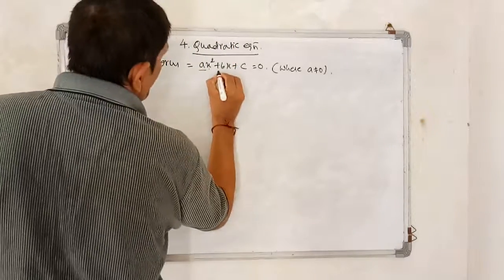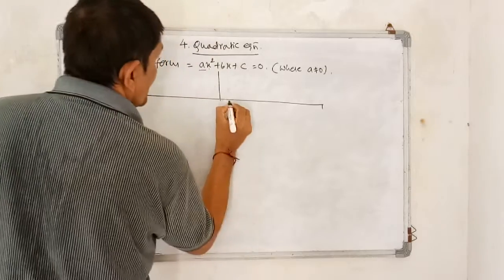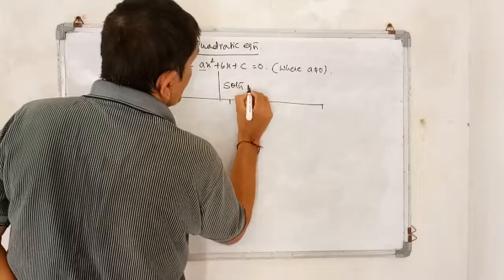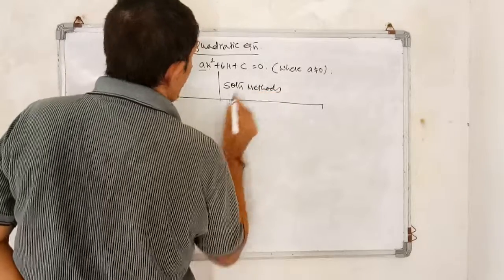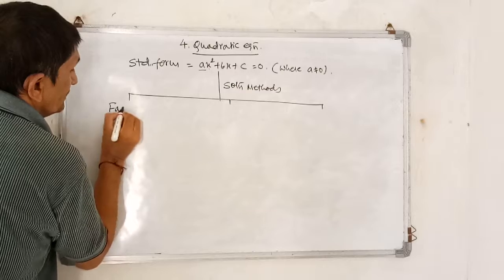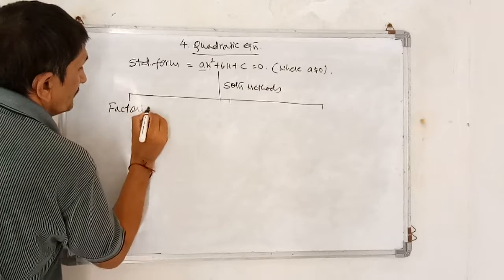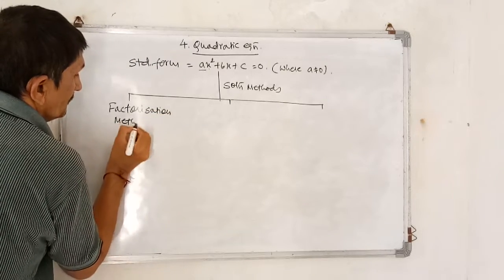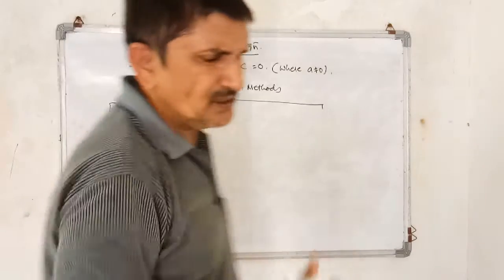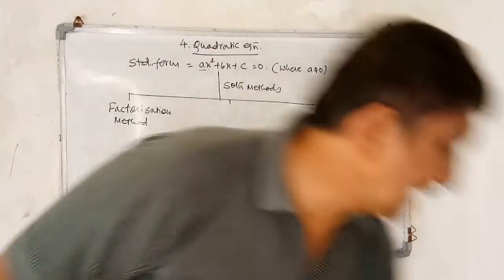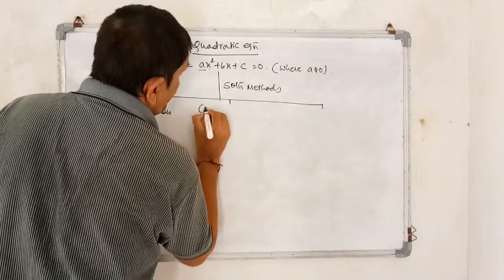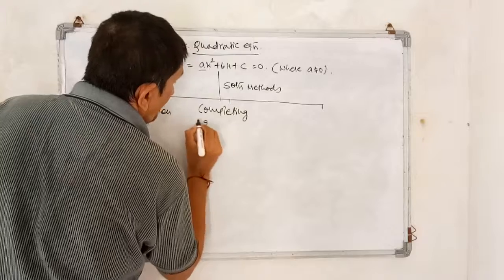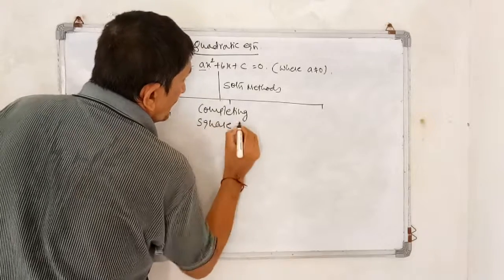Now solution methods: there are three methods given in our textbook. One is the factorization method, which we learned earlier also. Second is the completing the square method.